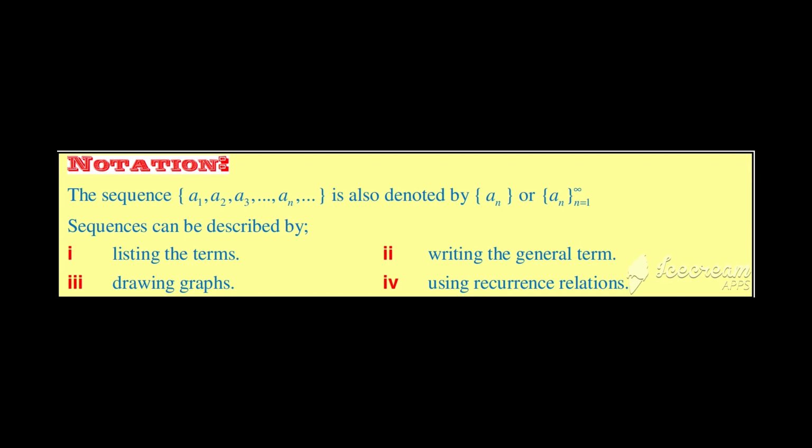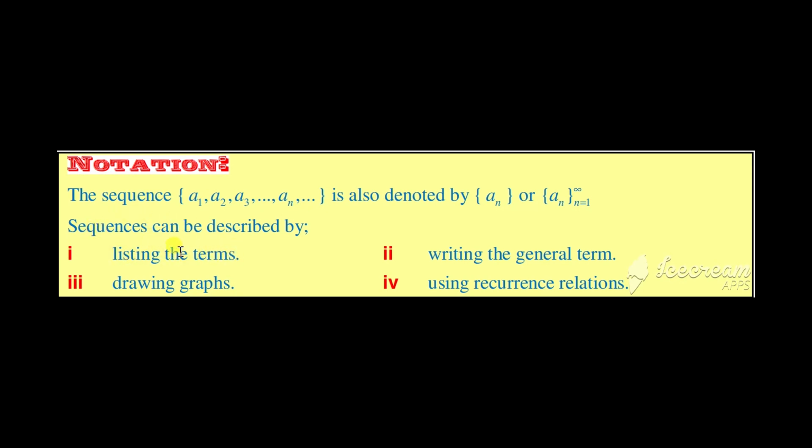Let us see the notation. The sequence a1, a2, a3, ..., a_n, and so on, is also denoted by {a_n} or {a_n} with n starting from 1 up to infinity. A sequence can be described by listing the terms, writing the general term, drawing graphs, and using a recurrence relation. That means we can describe or express the pattern of a sequence by listing the terms.